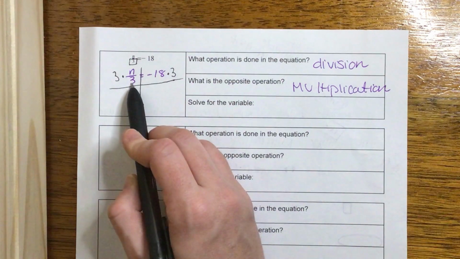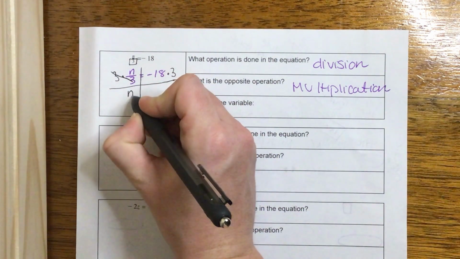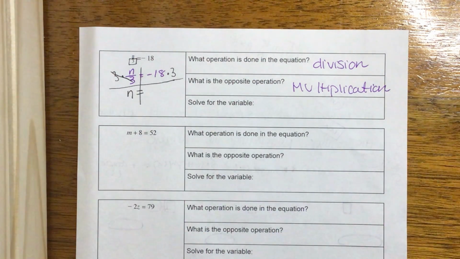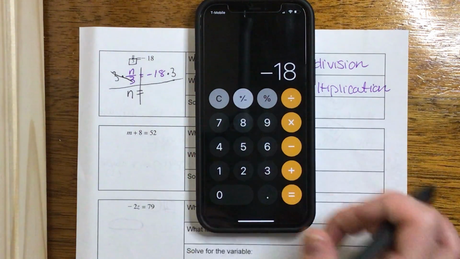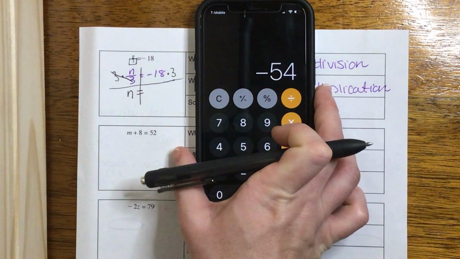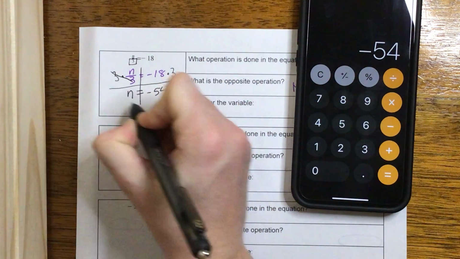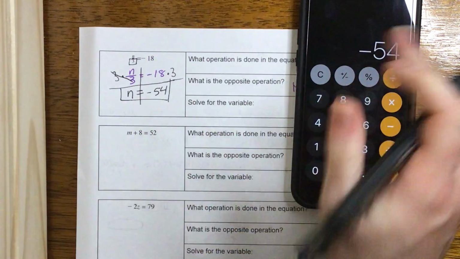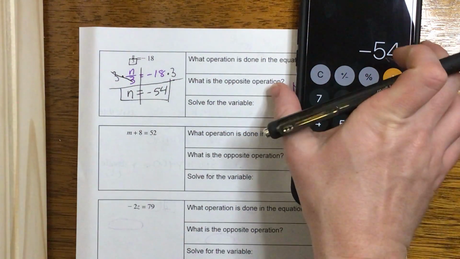So 3 divided by 3 is 1. So these cancel each other out. And I have 1n equals. I'm going to grab my calculator. I'm going to do negative 18 times 3 is negative 54. So I got the variable by itself and the numbers on the other side.